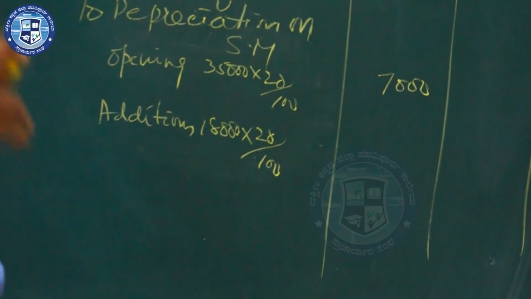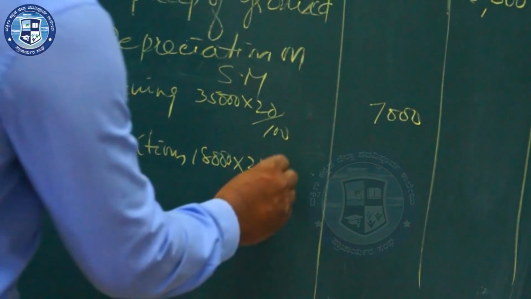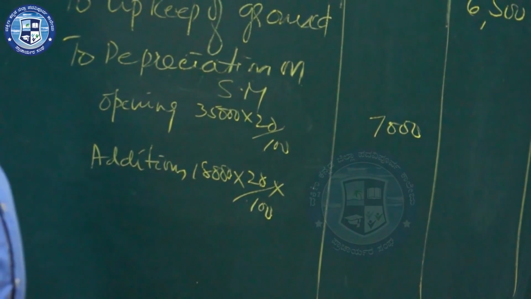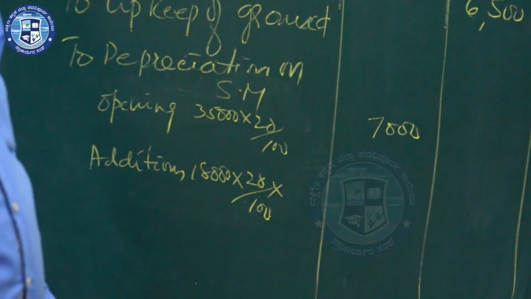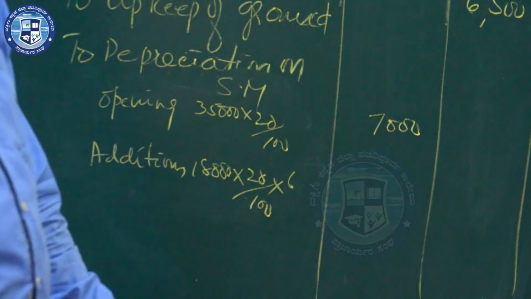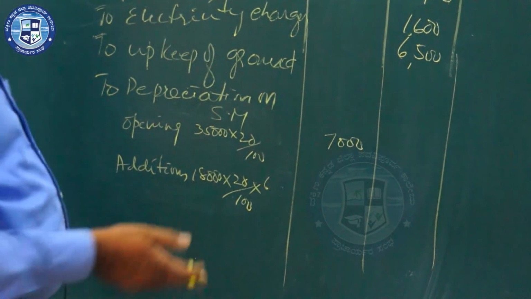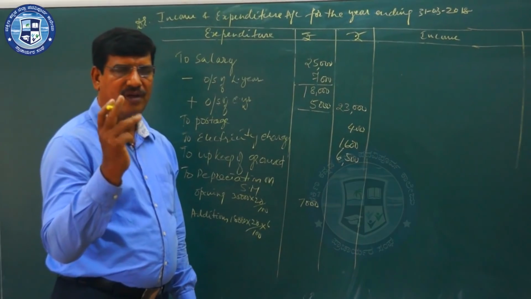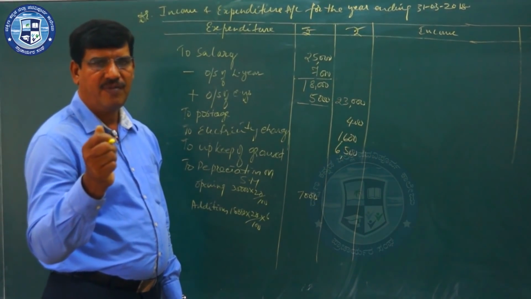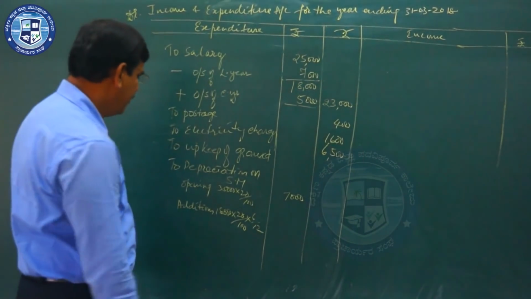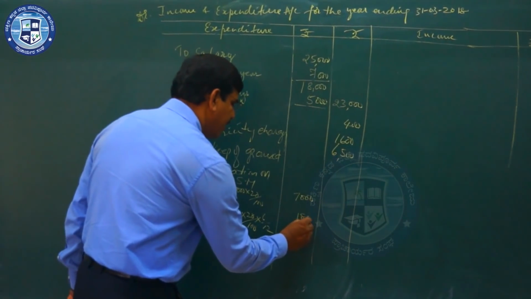Since the date of purchase is given, we have to calculate the depreciation from the date of purchase till the end of accounting period. So 6 months. 6 months means on 1st October the sports material is purchased. October, November, December, January, February, March, 6 months. So for 6 months you have to calculate, this will come to around 1,800.